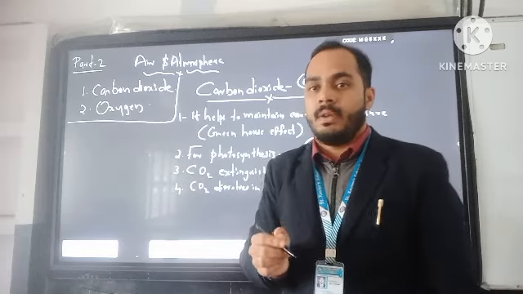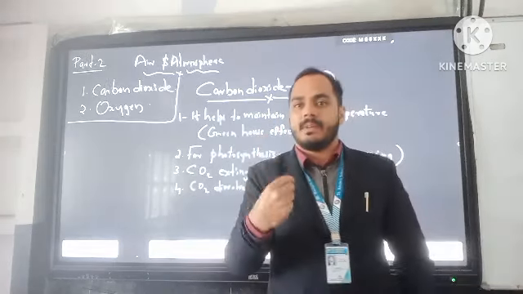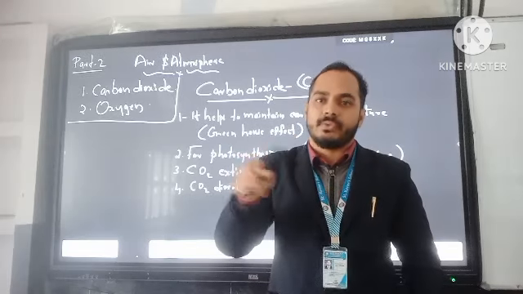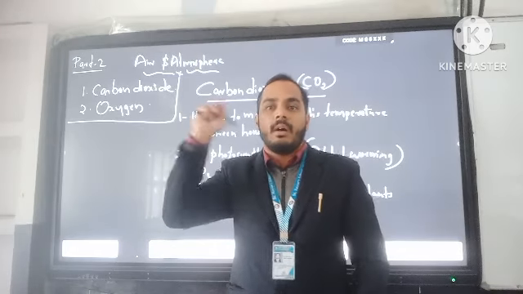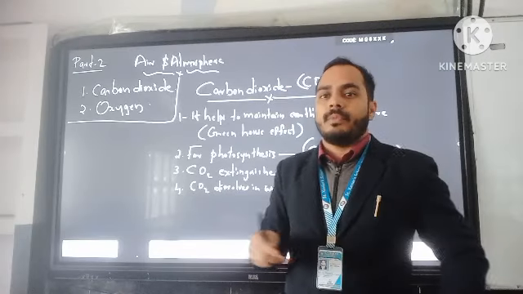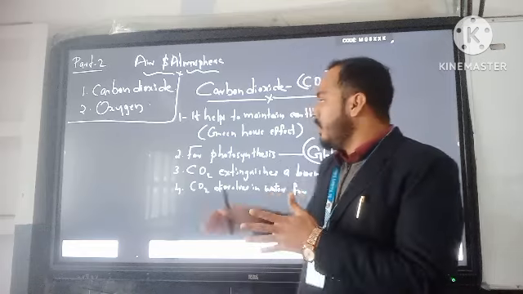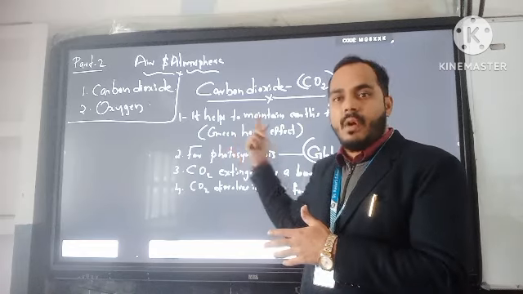During photosynthesis, plants take in carbon dioxide and sunlight. Okay. The reaction between water and carbon dioxide combines to form glucose and oxygen.